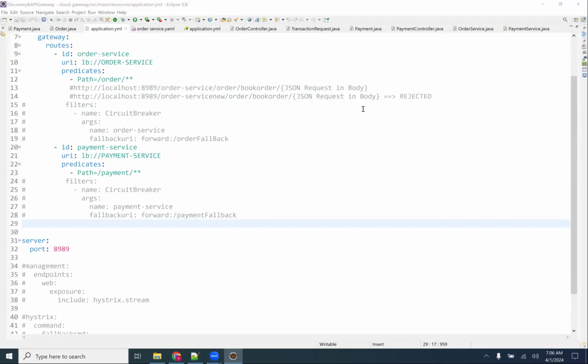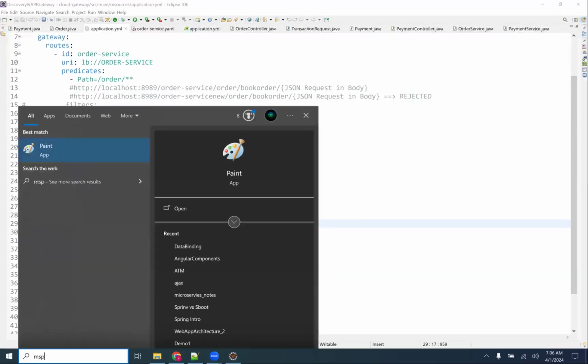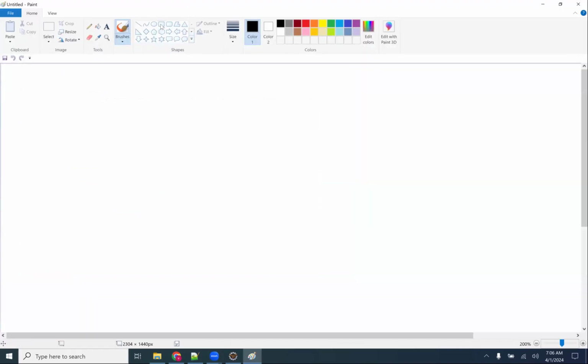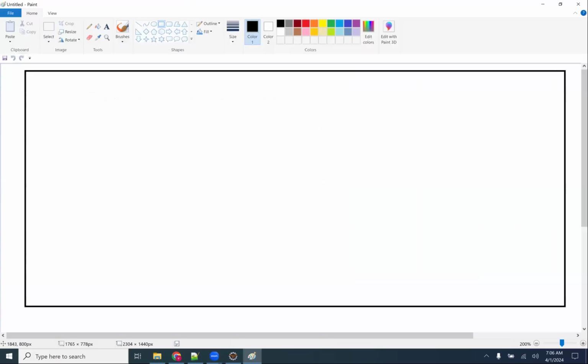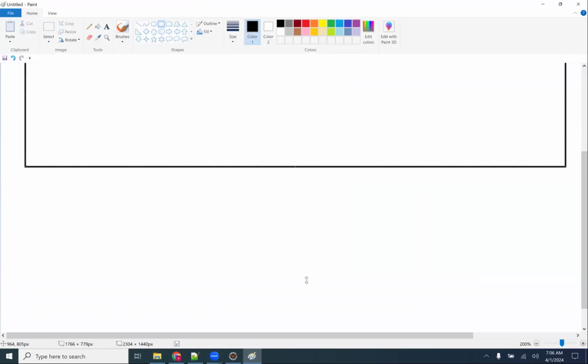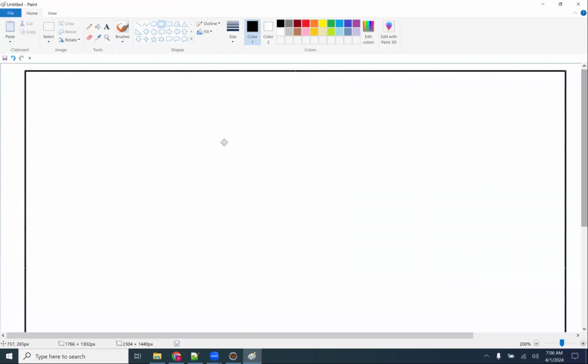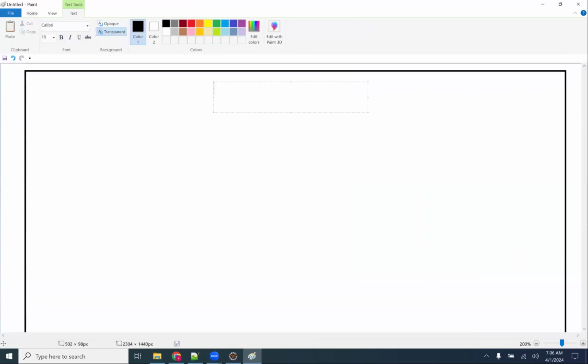So let me go to the next pattern here, guys. Circuit breaker pattern. This is the next pattern which I want to go through.